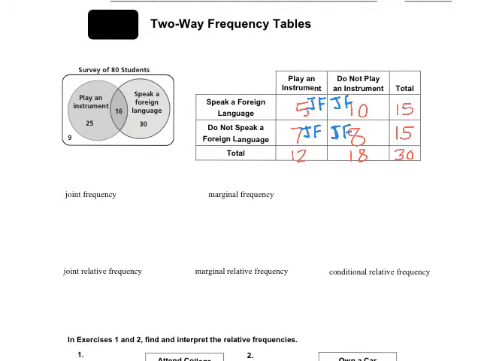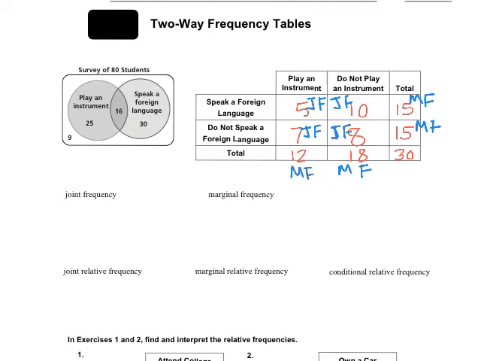Okay, our marginal frequencies are our totals. So if I wanted the marginal frequency of people that play an instrument, it would have to be 12. If I wanted the marginal frequency of people that do not play an instrument, it would have to be 18. And then we can also work across. The marginal frequency of people speaking a foreign language would be 15, so on and so forth. So our totals here are marginal frequencies.